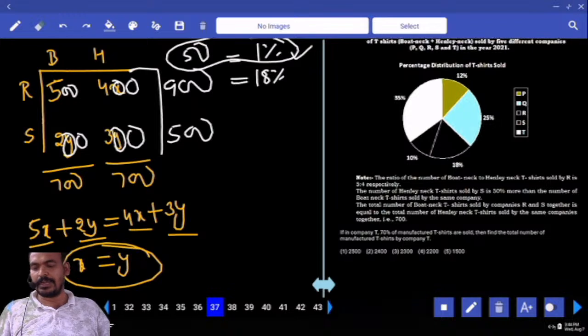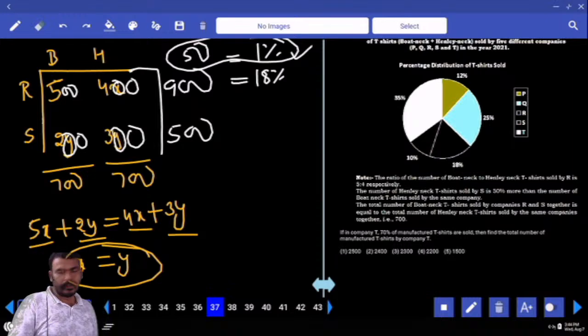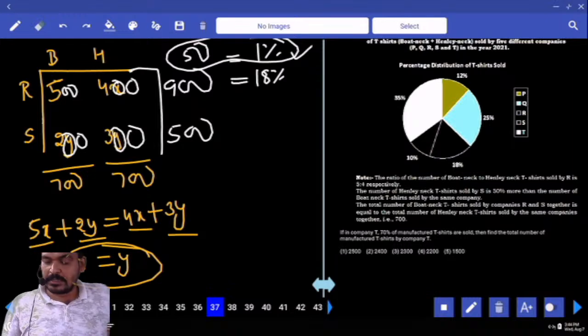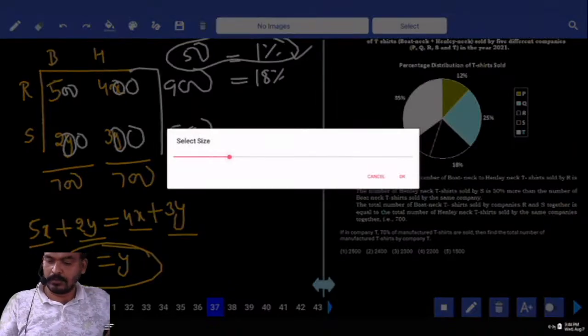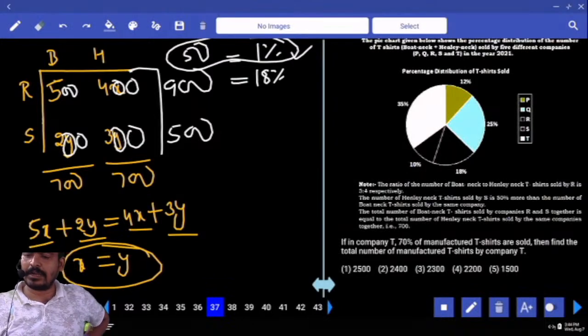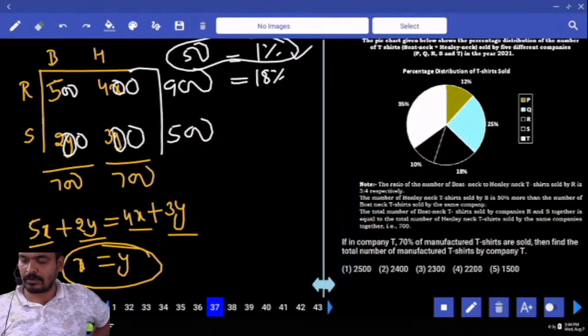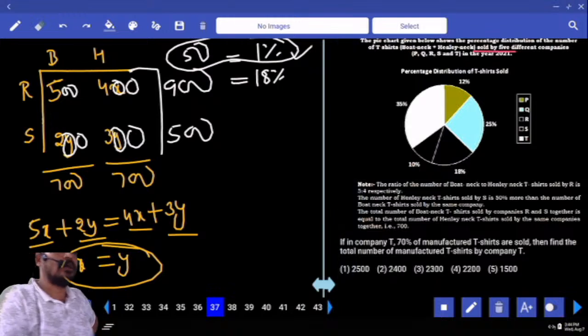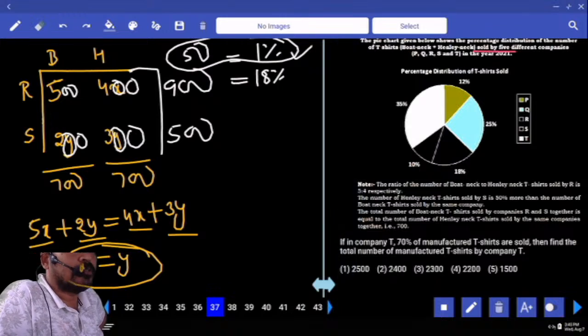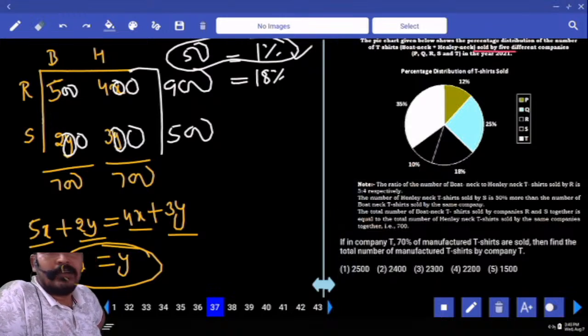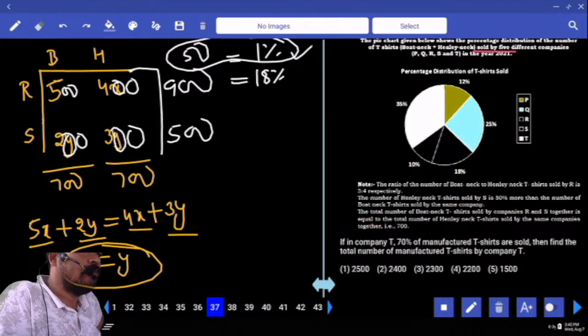Next, question number 37. If in company T, 70% of the manufactured t-shirts are sold, find the total number of manufactured t-shirts by company T. Out of the total manufactured, 70% are sold. The diagram is related to the sold quantity. Suppose manufactured is 100%, then sold value is 70%.